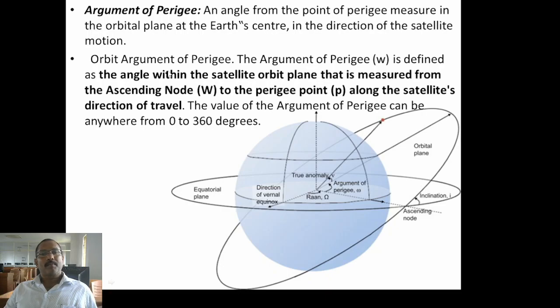The argument of perigee is defined as the angle within the satellite orbit plane that is measured from the ascending node to the perigee point P along the satellite's direction of travel.